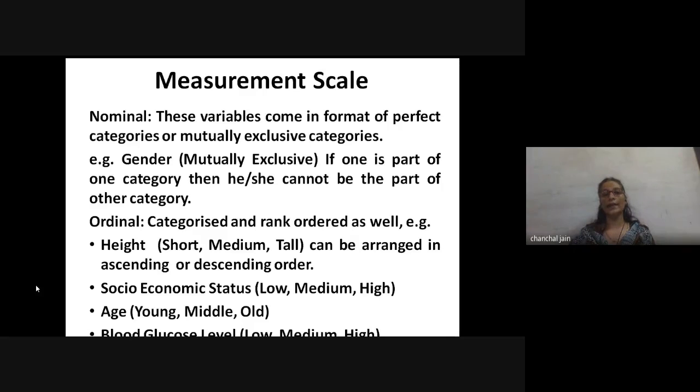This way I can categorize the height. At the same time, we can arrange these three either in ascending or descending order, so we can rank the categories also. This way ordinal gives you the chance to categorize the data and to rank the data. There are some other examples in the slide which you can see: socioeconomic status, age, blood glucose level, etc.